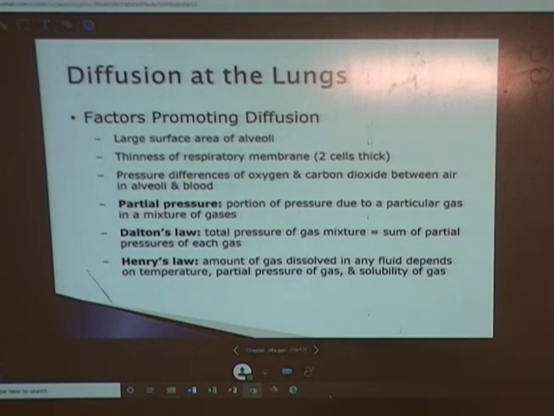Then we've got to look at the pressure of oxygen and the pressure of carbon dioxide in the air, in the alveoli, and in the blood. When they use the term partial pressure, that means, if I look at the whole pressure of the air at sea level, that's made up of a certain amount of pressure of oxygen, a certain amount of pressure of carbon dioxide, a certain amount of pressure of nitrogen.